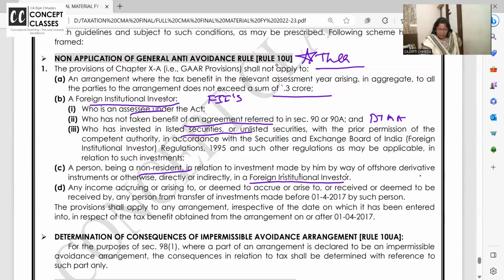Any income accruing or arising to or deemed to accrue or arise or received or deemed to be received by any person from transfer of investment made before 1/4/2017, GAAR is not applicable. So don't you think these 2 points are repeated, connect these two and remember them. Yes, make groupings like this, make groups.